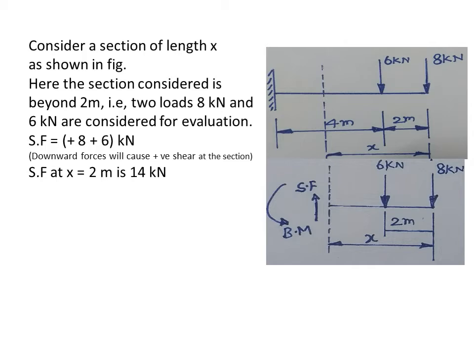Now, because we are considering both forces, at x equal to 2, the shear force has come as 14 kilonewtons. If we observe, the jump in the shear force is equivalent to the load applied at 2 meters.